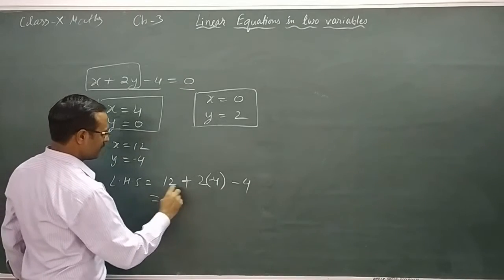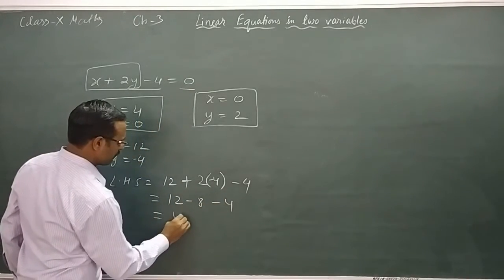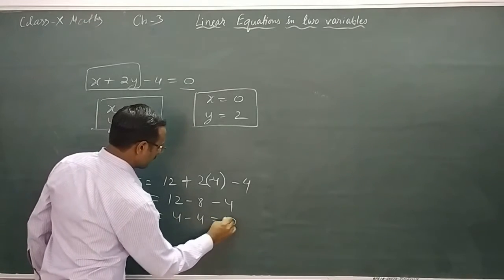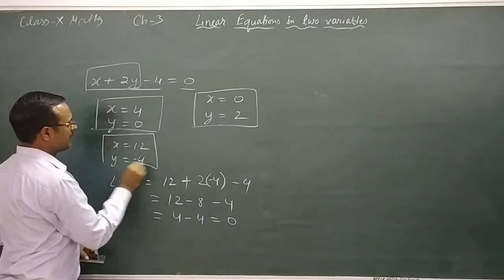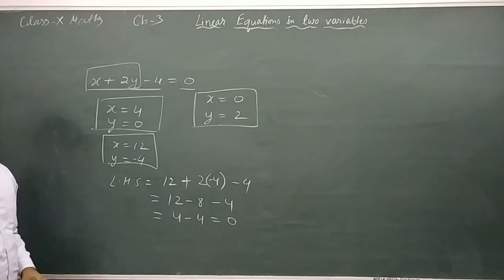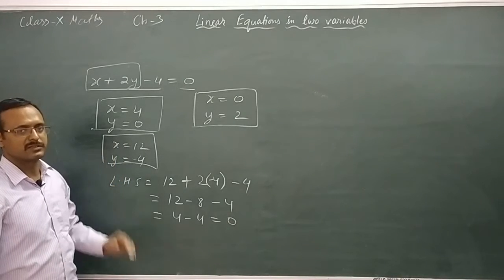So it will become 12 minus 8 minus 4, which is equal to 4 minus 4, equal to 0. So this is another solution of the same equation.